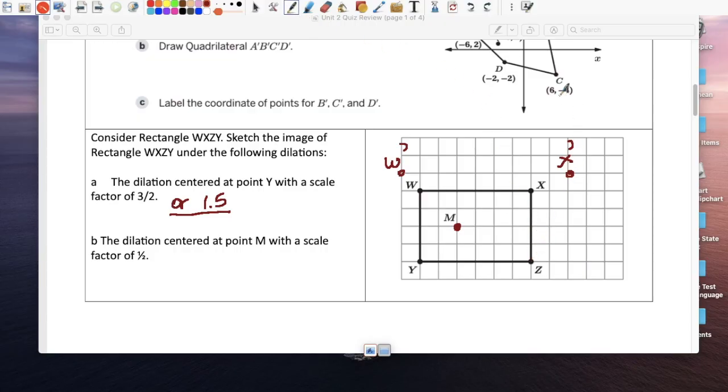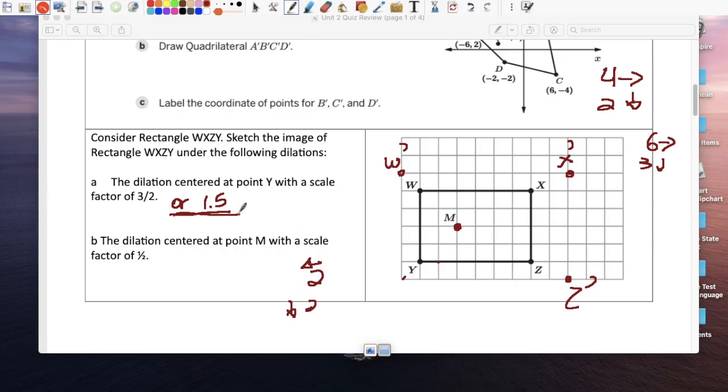Z. Well, to go to Z, I would go 4 to the right, and then 2 down. Multiply both numbers by 1.5. It means that you're now going to go 6 to the right and 3 down. 6 to the right, and then 1, 2, and 3 down. That's Z prime. To go to Y from our center, we go 2 to the left and 2 down.